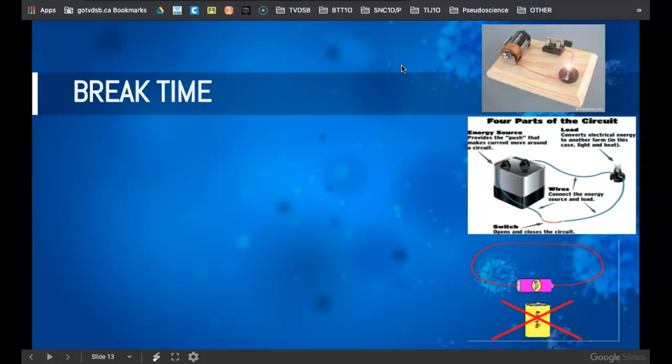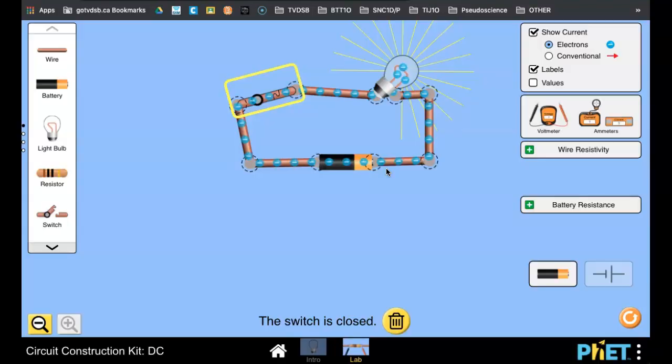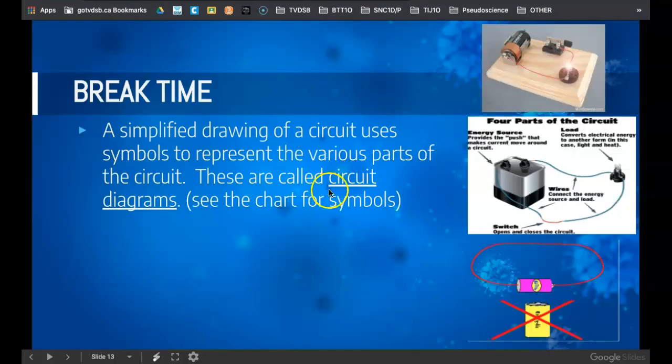All right, so now what I would like you to do is, we have seen 3 different circuits in the current video. I would like you to go back to that FET website and try to build these circuits. Not only are you going to build them like this, but you're also going to try to figure out how to then draw them using circuit diagrams.